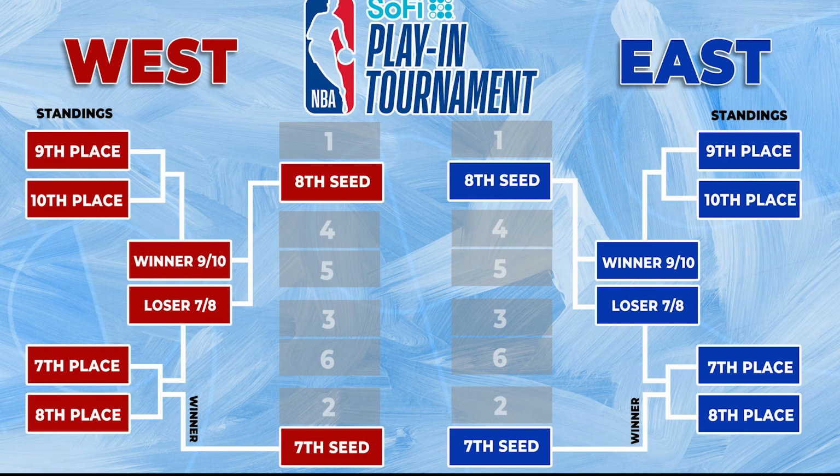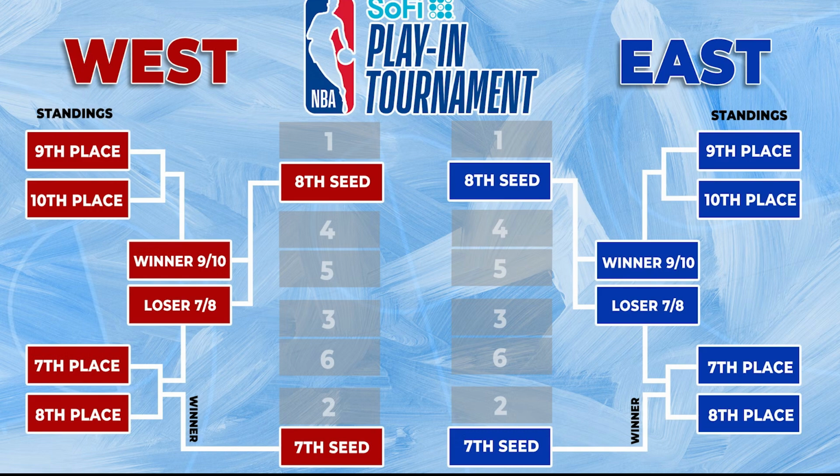The format is that the team in the 7th position and the team in the 8th position play a game, and the winner of this game earns the 7th position in the playoffs. There's also a match between the 9th and 10th teams, and the loser is eliminated. The winner has to play another match with the loser of the 7th and 8th game.